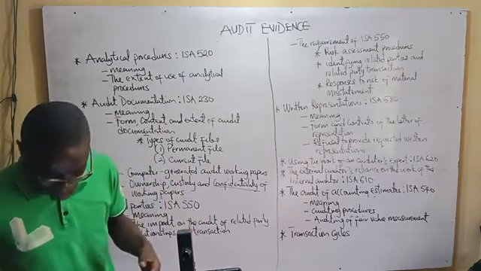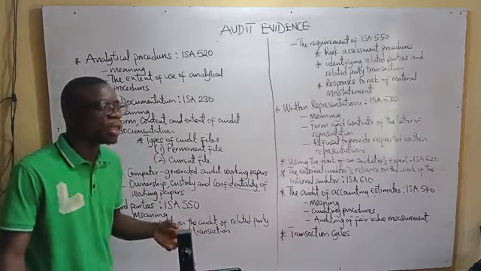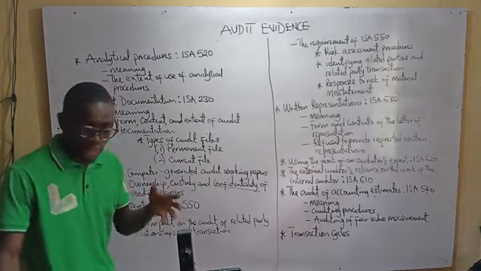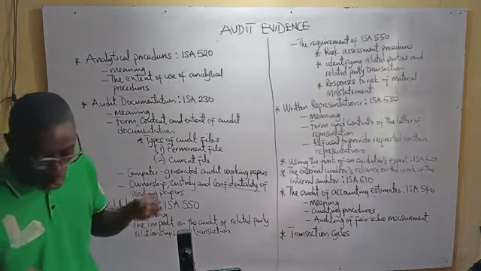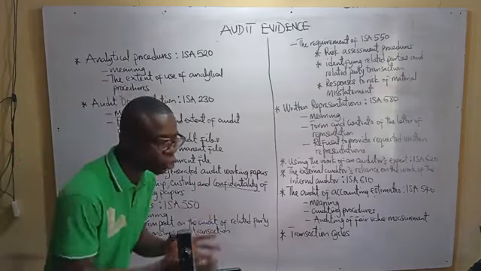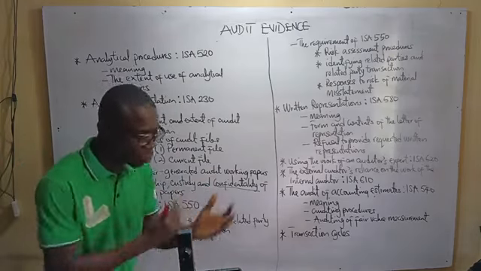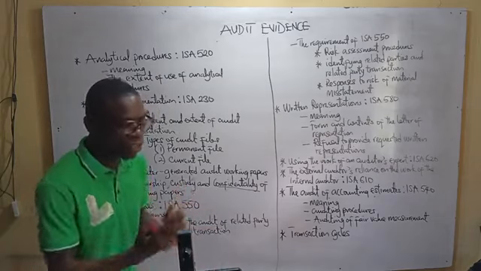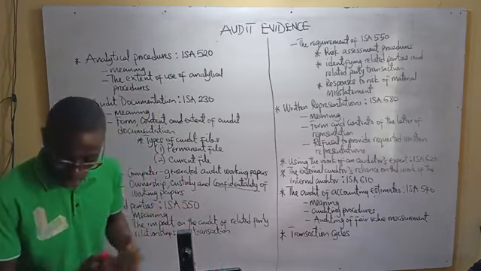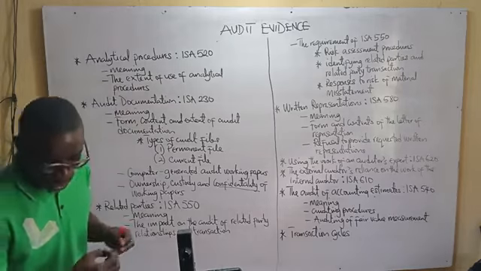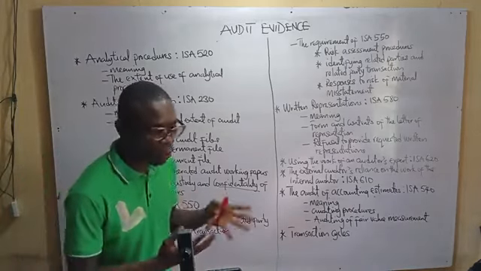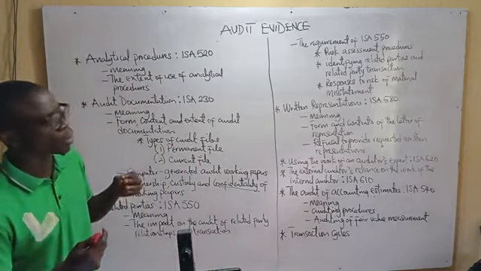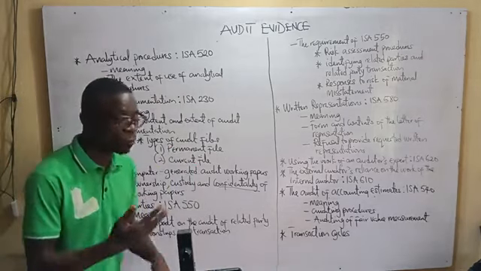That means if that related party transaction occurs through complex structure or relationship, you cannot explain it. It's very complex. That means that transaction is very complex. It means that it can cause high risk of material misstatement.